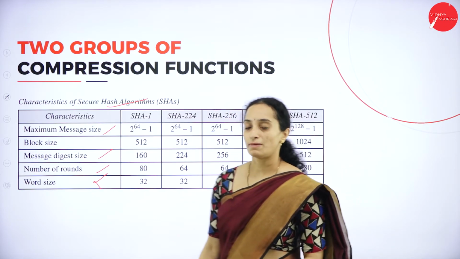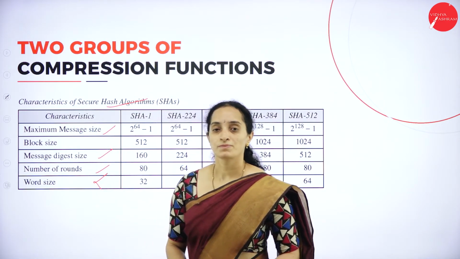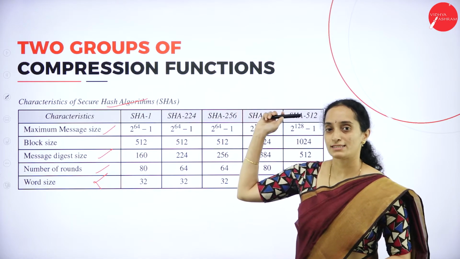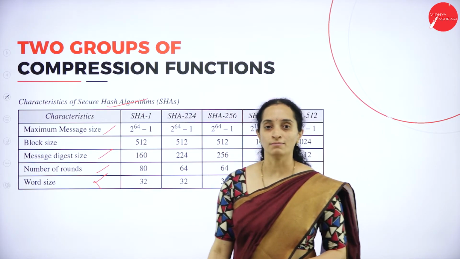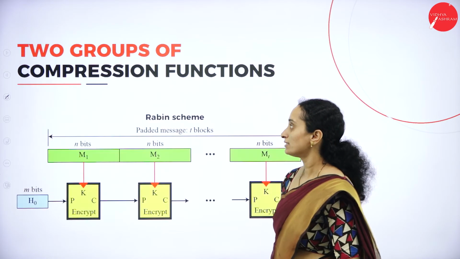Okay, so the maximum is 64 bits they can use. So we use the SHA 512 algorithm to compress and get the message digest.